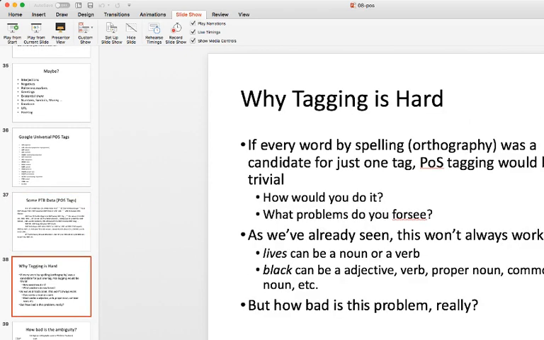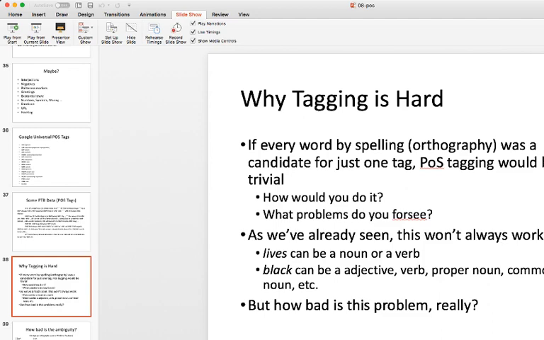So imagine a state of affairs where each orthographic word, each spelling of a word, was a candidate for just one tag. POS tagging would be pretty easy. How would you do it? Just build a map from the words to their part of speech.